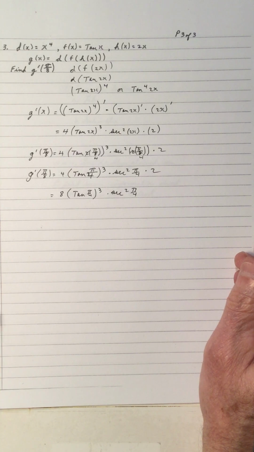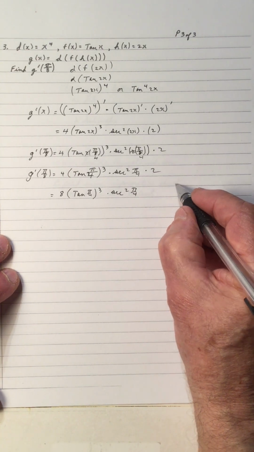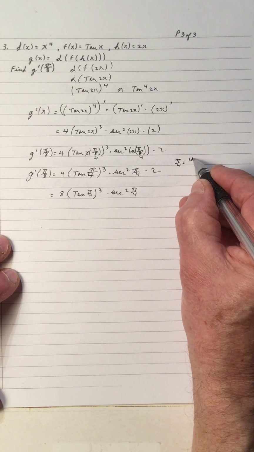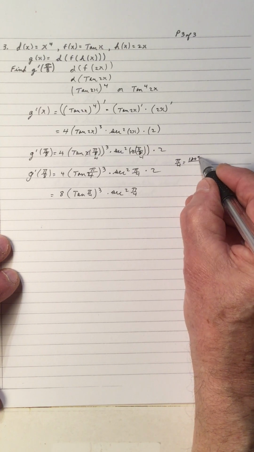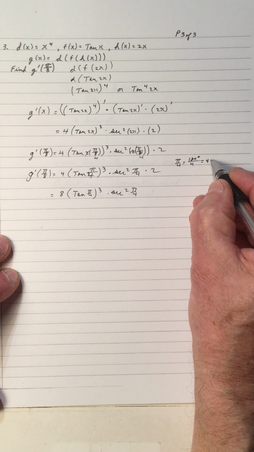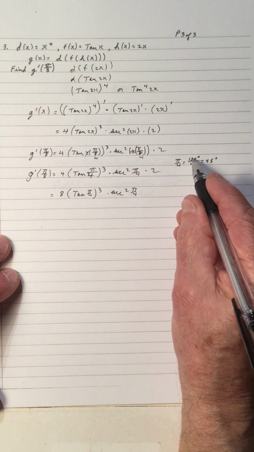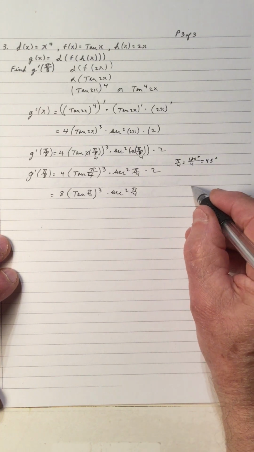Now we have a pi over 4. Pi is 180, so it's 180 degrees over 4. So pi over 4 is 45. So if we take pi and divide it in 4 pieces, 180 divided by 4 is 45.